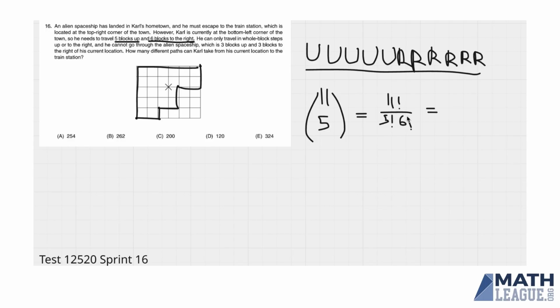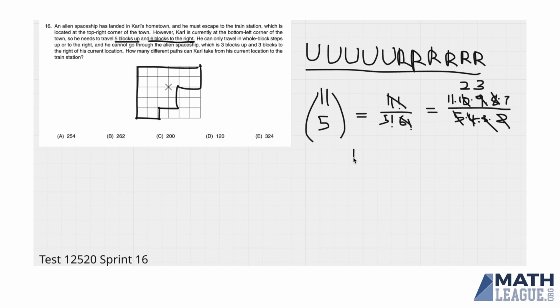And we can calculate this to be 11 times 10 times 9 times 8 times 7, all divided by 5 times 4 times 3 times 2, and canceling. We see that 8 cancels with 4 and 2, 5 cancels with 10 to get 2, 3 cancels with 9 to get 3.